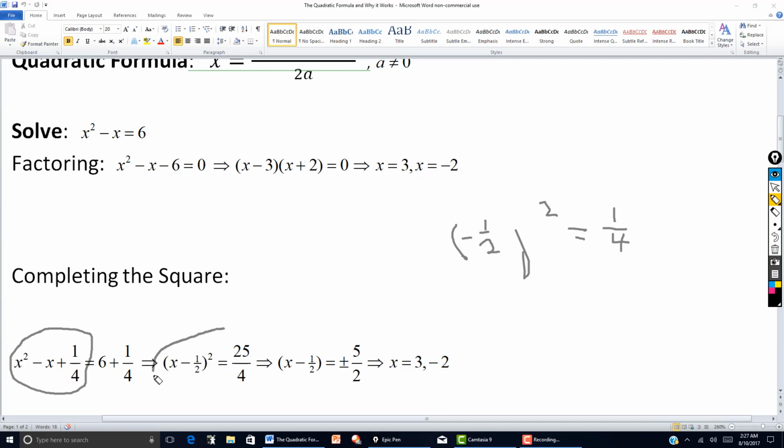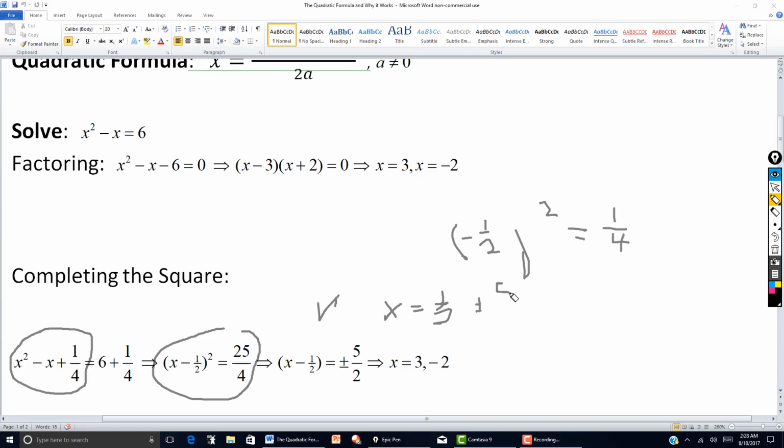Now we just take the square root of both sides, plus or minus, so x minus 1/2 is equal to plus or minus 5/2. That means x equals 1/2 plus or minus 5/2.